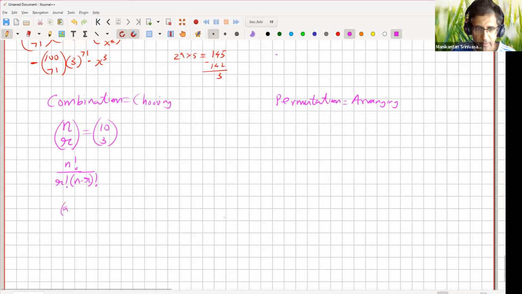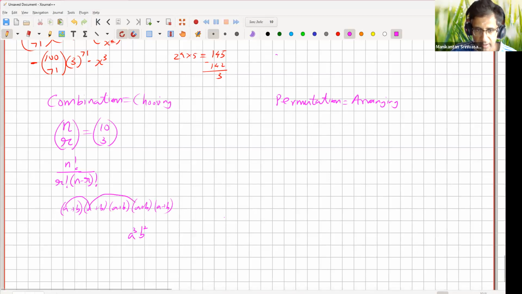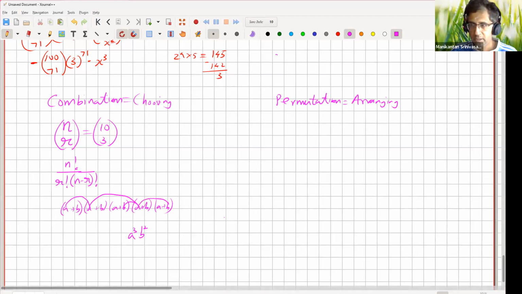Because if you do (a plus b) to the power 5, that's a plus b, a plus b, a plus b, a plus b, a plus b. Suppose I'm looking at a term which has 3 a's and 2 b's in it. The a's and b's could have come from different sets of terms.